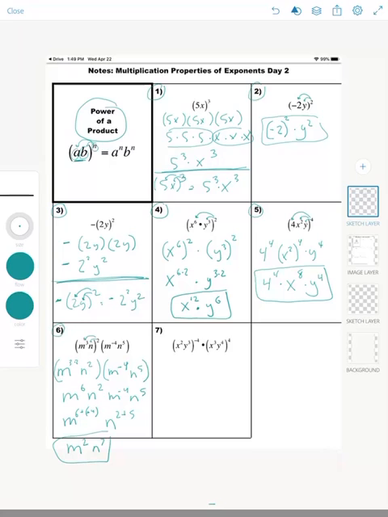And our last problem, hopefully these look like a mess when you look at them, but hopefully you can see that it's all just kind of simple multiplication. So here our negative 4 exponent gets handed out to the 2 and to the y cubed, and here the 4 gets handed out to the x cubed and the y to the 4th.